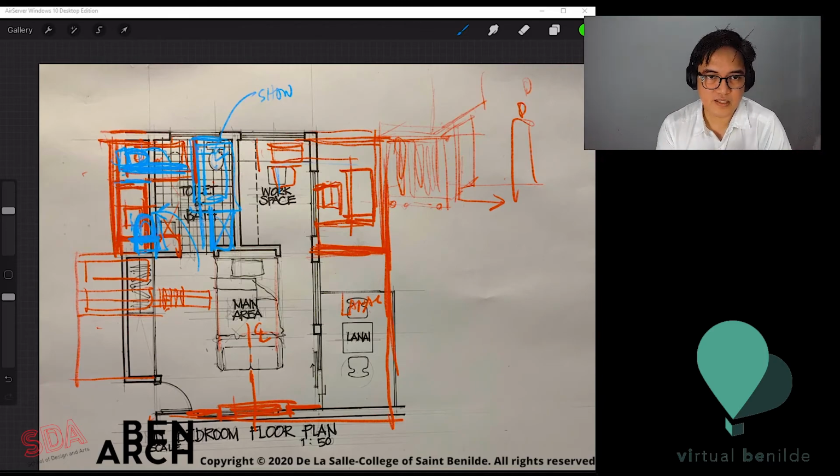You can make iterations like this with colored pencils. Like what if your entrance is much more here than there, and then I would have storage spaces here, and the pull-outs over here for the clothes, and this gives me more privacy from the outside. And the like. So you could have a lot more iterations and exploration on improving the plans.